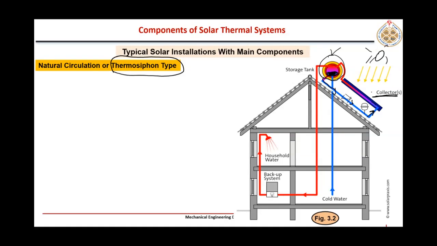As this fluid is heated up, it will start to rise by itself, because as the temperature increases, density drops. When the density drops, the fluid starts to move upwards. So there will be a natural circulation set up in the entire system.